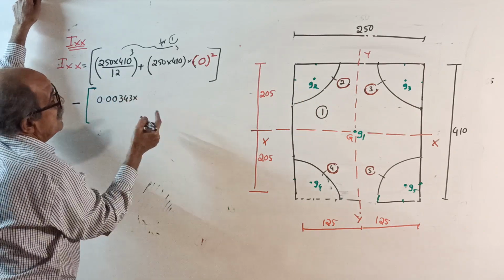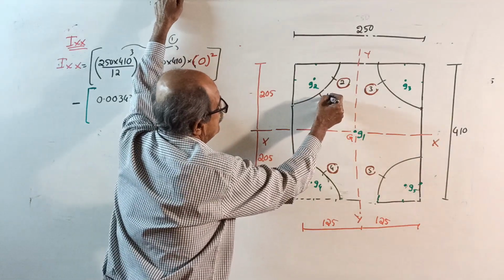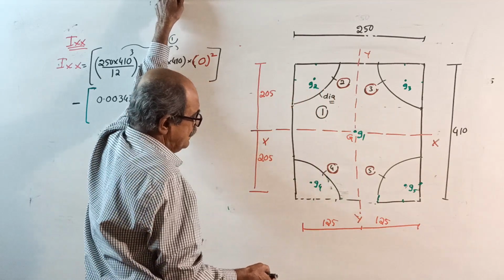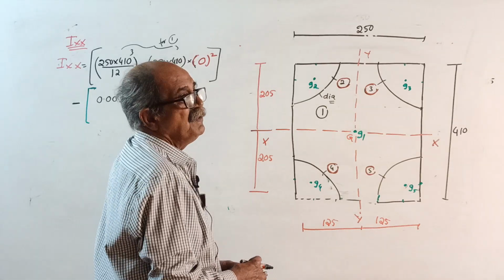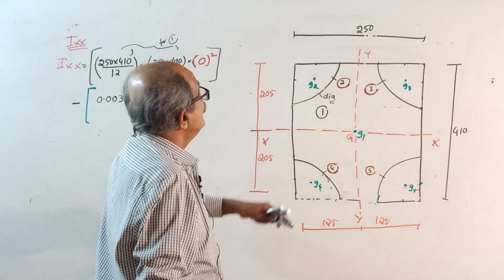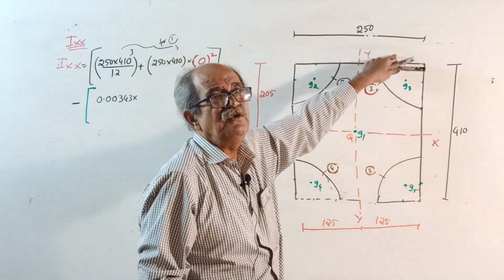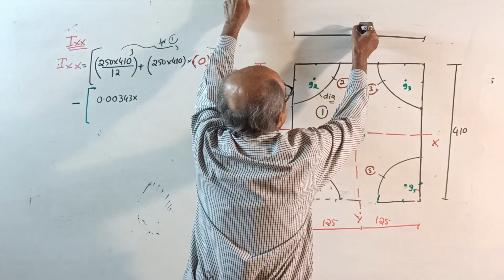It is 0.00343 into diameter power 4. I forgot to write the diameter. What is the diameter there? Not 250. 125 plus 125 is 250, plus 100, so it is 350. Got it, this is 350.